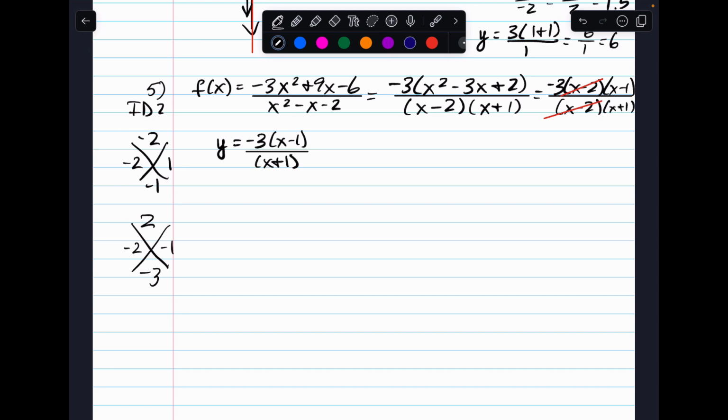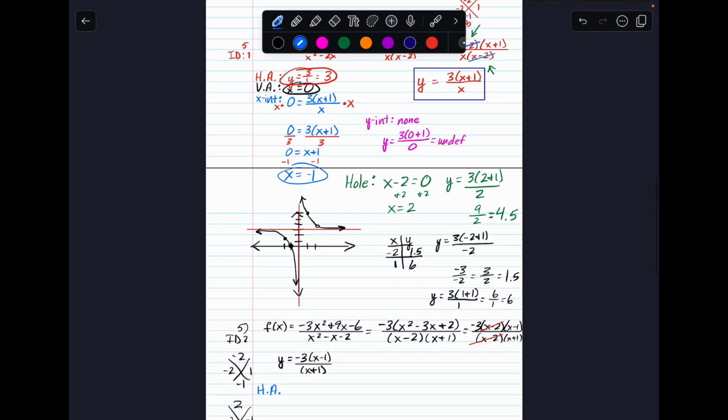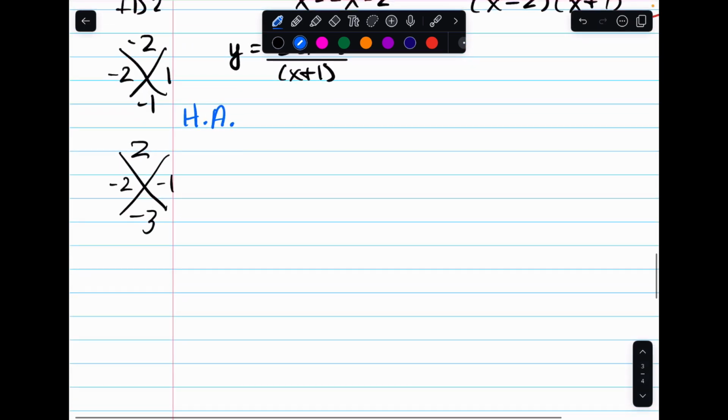So now, let's go ahead and fill in all the information that we need in order to graph this correctly. The first thing I should try to find is a horizontal asymptote, and it looks like we have equal degrees. I went over that already on the last problem. So you're going to set up your equation and say leading coefficient over leading coefficient, that's negative 3 over 1. Therefore, the horizontal asymptote, let me just double check, yeah, is y equals negative 3.